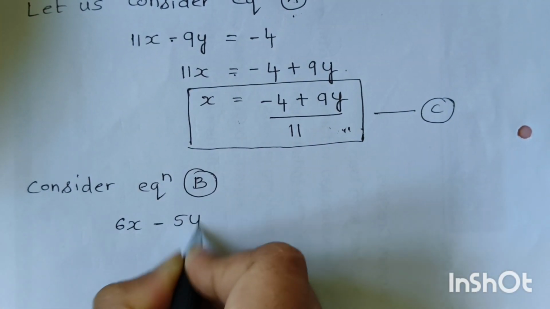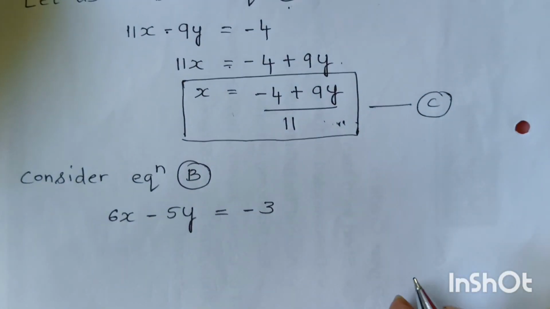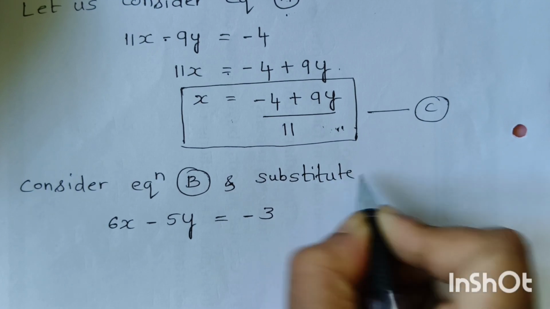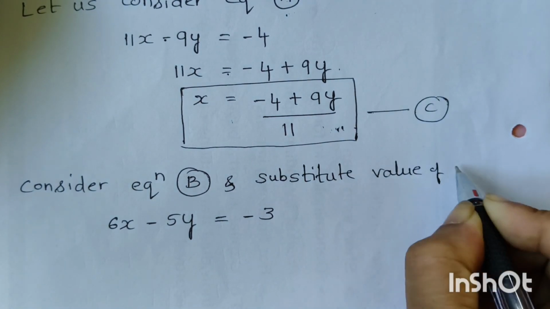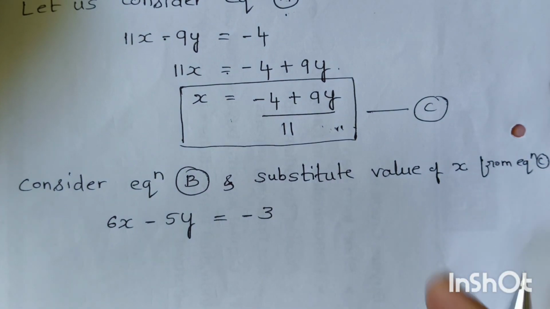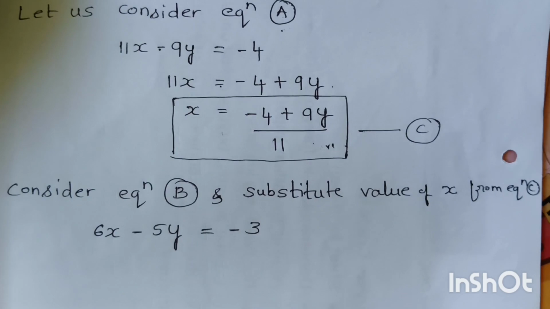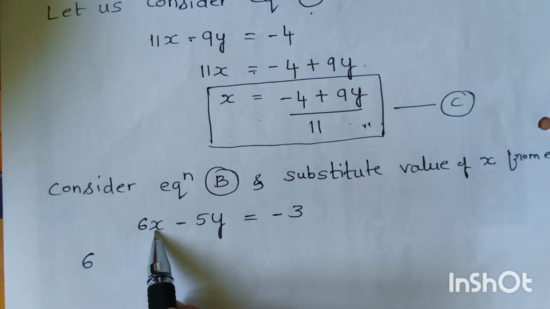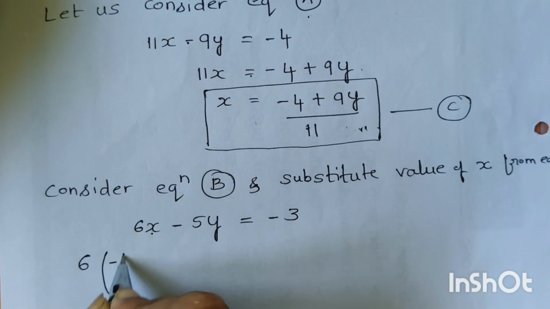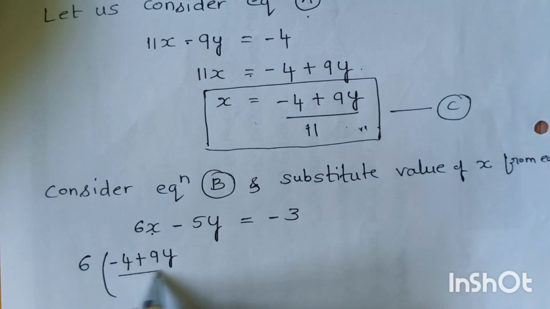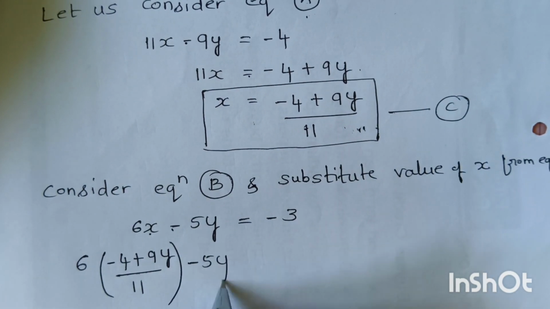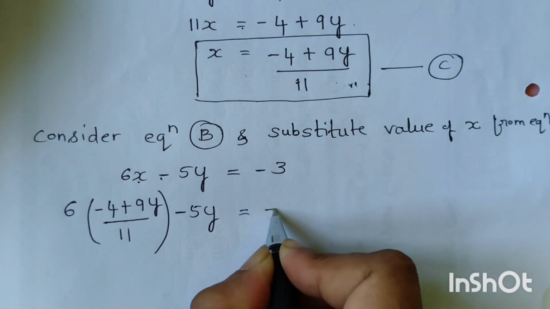And substitute the value of x from equation C in equation B. Here 6, in the place of x, let us substitute this value. That is 6 times (minus 4 plus 9y) divided by 11, minus 5y is equal to minus 3.